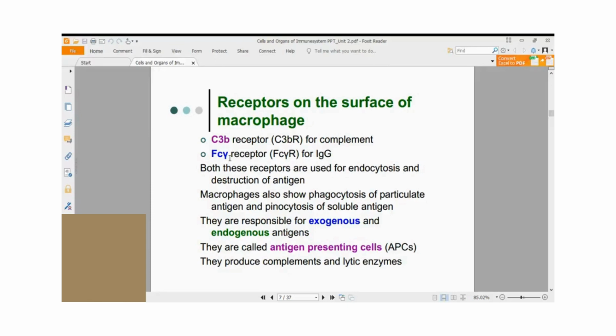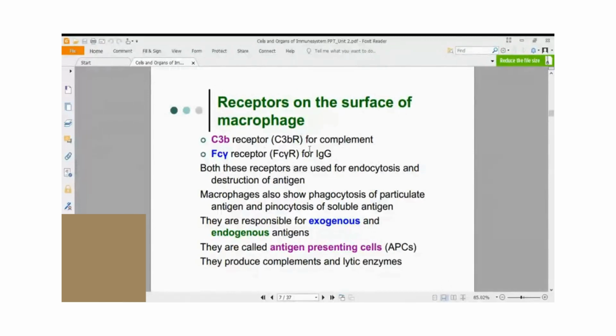So the Fc gamma receptor plays a role in engulfing the antigen antibody complex, processing it and destroying it. So there are two key receptors on the macrophage that help in processing the antigen through the endocytic pathway.